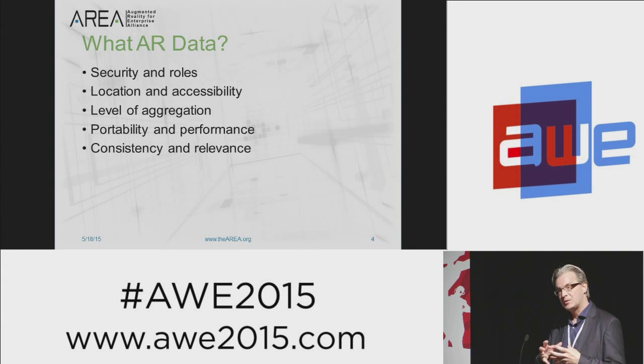And there's a lot of compression that has to be done, a lot of triaging that has to be done, so I'm delivering just the right information to the person in the field. I don't want to lose sight of consistency and relevance, because consistency is what this is really all about. I need to get the information that is appropriate for what I'm doing, and I need to be able to trust it, right? So is the database itself, the information I'm pulling from, truly consistent?